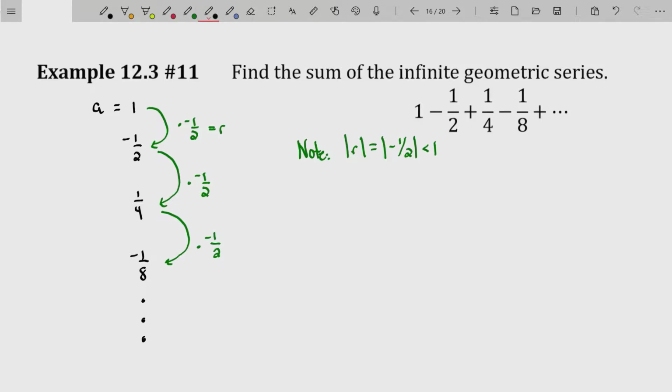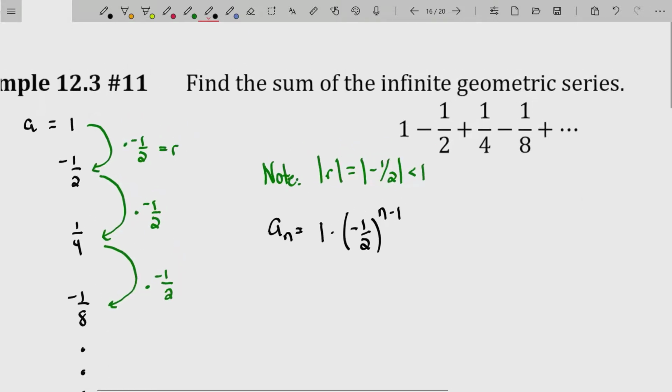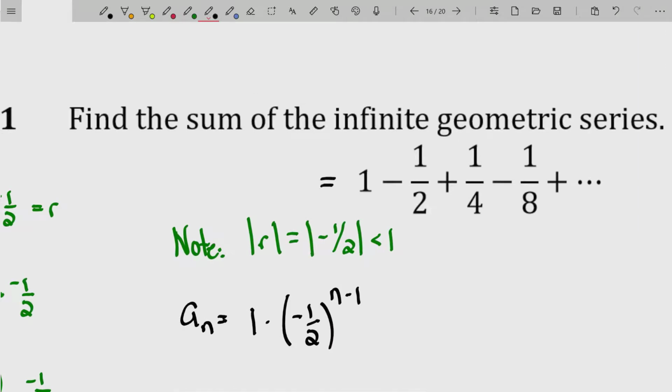So let me write out the formula for the sequence first. A sub n is going to be equal to the initial value, 1, times the common ratio, negative 1/2, raised to the n minus 1. And the summation up above is the summation of our series from n equals 1 to infinity of 1 times negative 1/2 to the n minus 1.